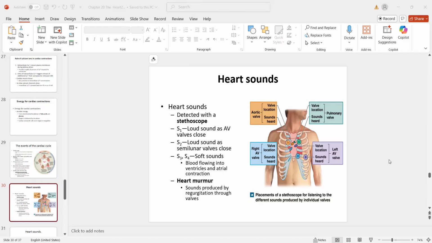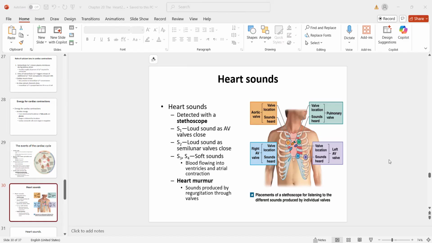S1 marks the start of ventricular contraction when the AV valves close and semilunar valves open. S2 occurs at the beginning of ventricular filling when the semilunar valves close and the atrioventricular valves open.